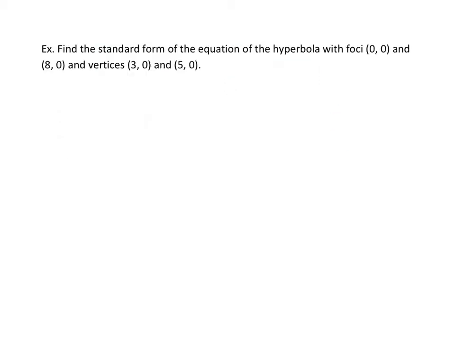Okay, find the standard form of the equation of the hyperbola with the foci at (0, 0) and (8, 0), and vertices at (3, 0) and (5, 0). First thing you want to do is draw a picture. Figure out which way this is oriented. I have a foci at (0, 0) and a foci at (8, 0). I'm going to label these with F so I know that they're foci later.